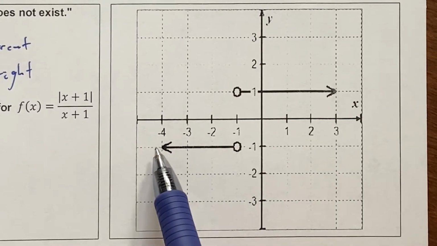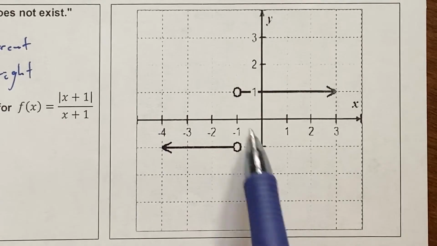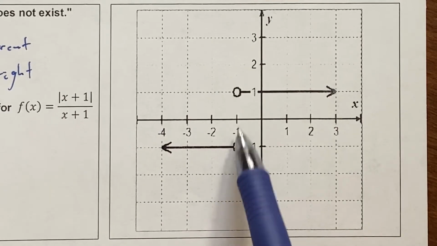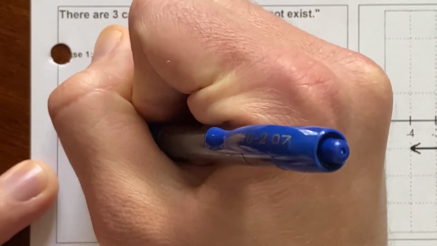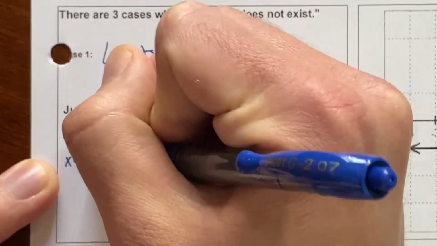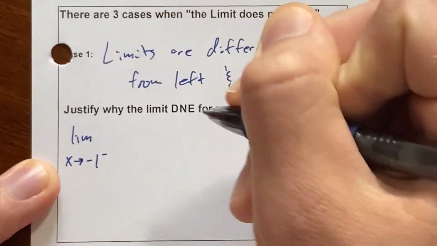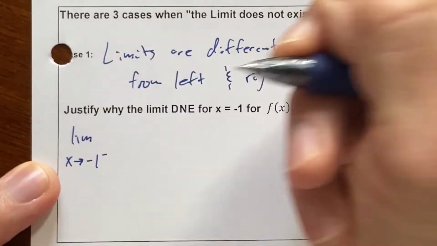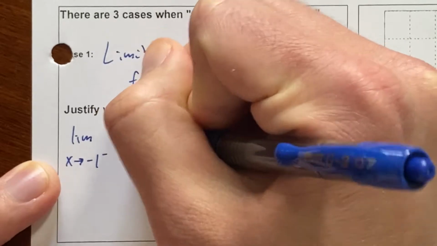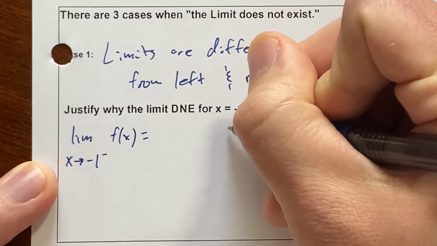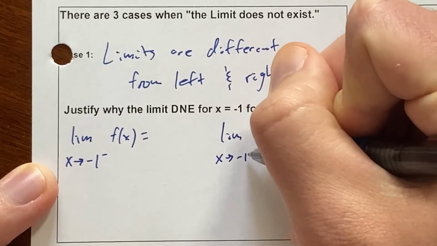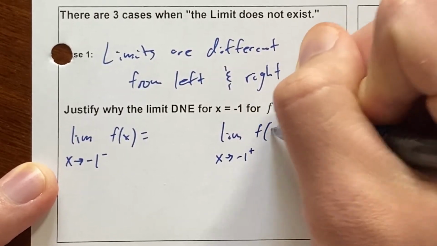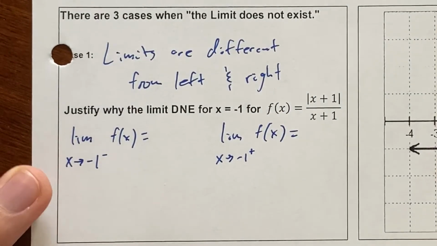And if I were to look at the limit as x approaches -1, let's look at the limit as x approaches -1 from the left. And let's write f of x, and then the limit as x approaches -1 from the right of that function. Okay?